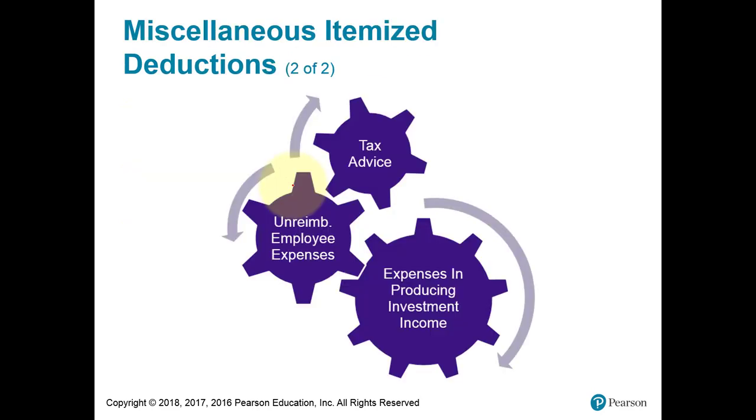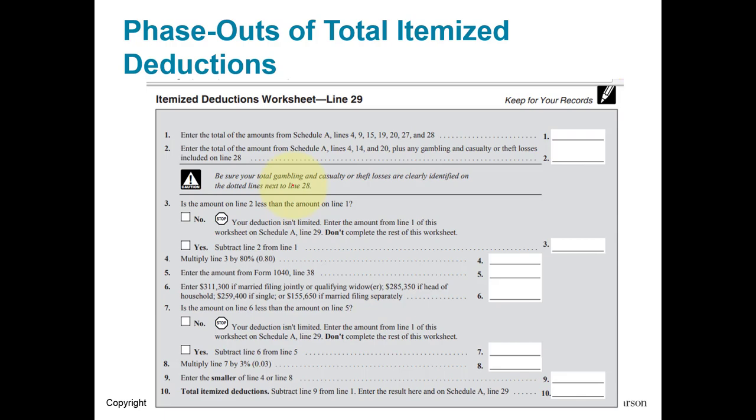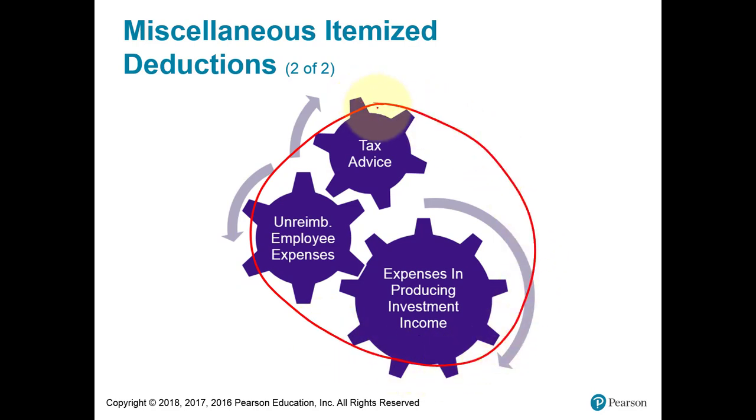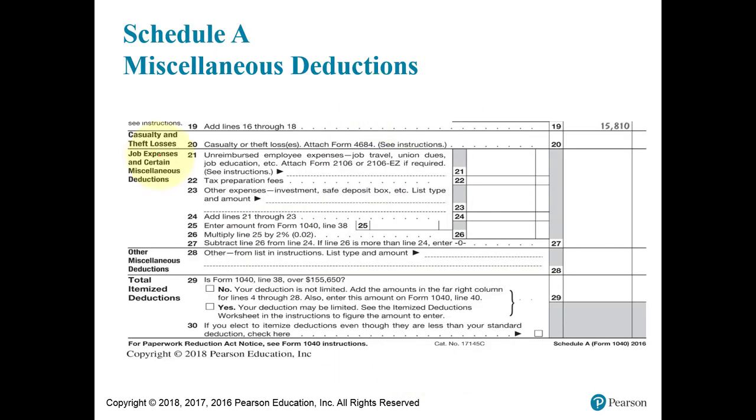Miscellaneous deductions is the last section of Schedule A, and it can be divided up into basically 3, maybe even 4 categories. So here's miscellaneous, and here's one group called unreimbursed employee expenses. If you're working for someone else as an employee and you pay costs to do your job and are unreimbursed, then you get to claim those deductions over here.